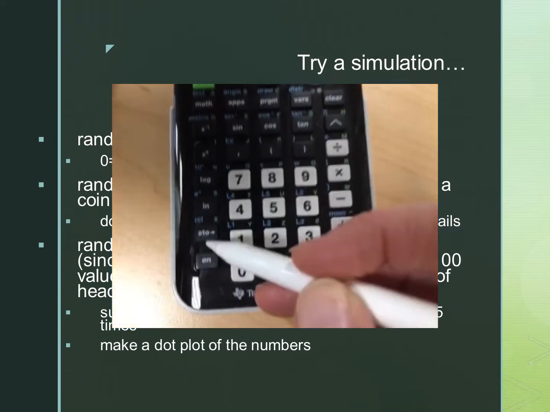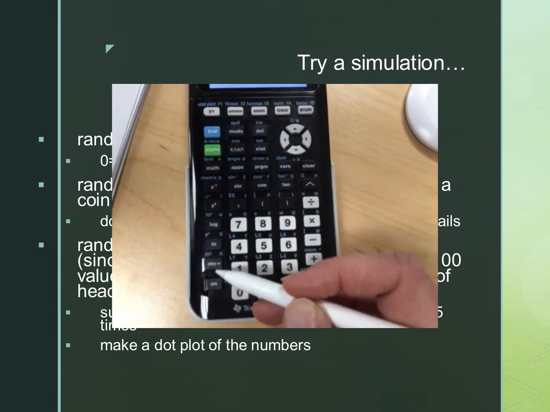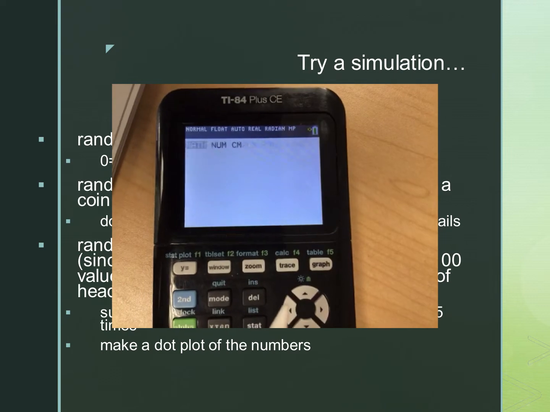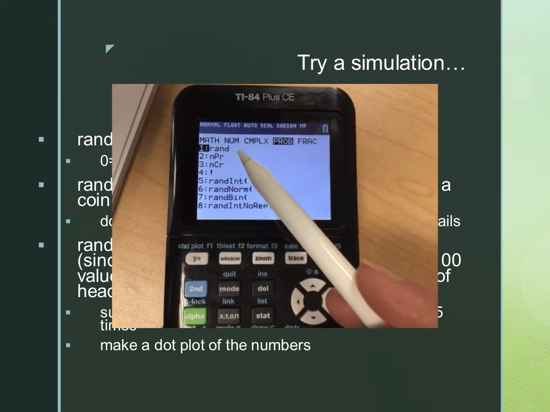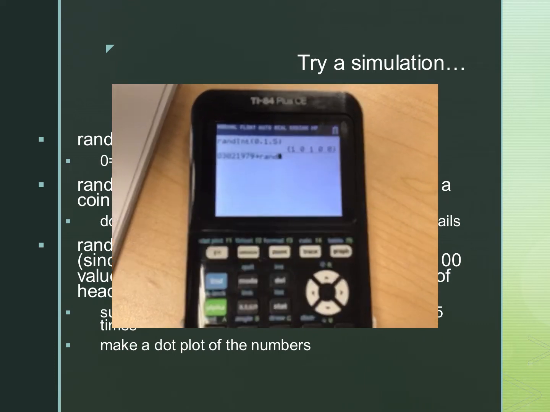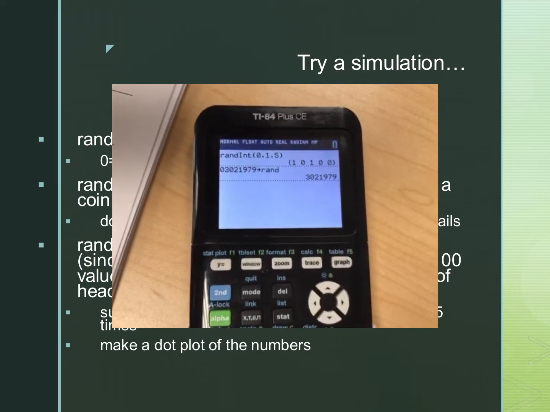Everything's abbreviated. Then you're going to go into math, over to probability, and select rand. Math, probability, rand, and then hit enter.